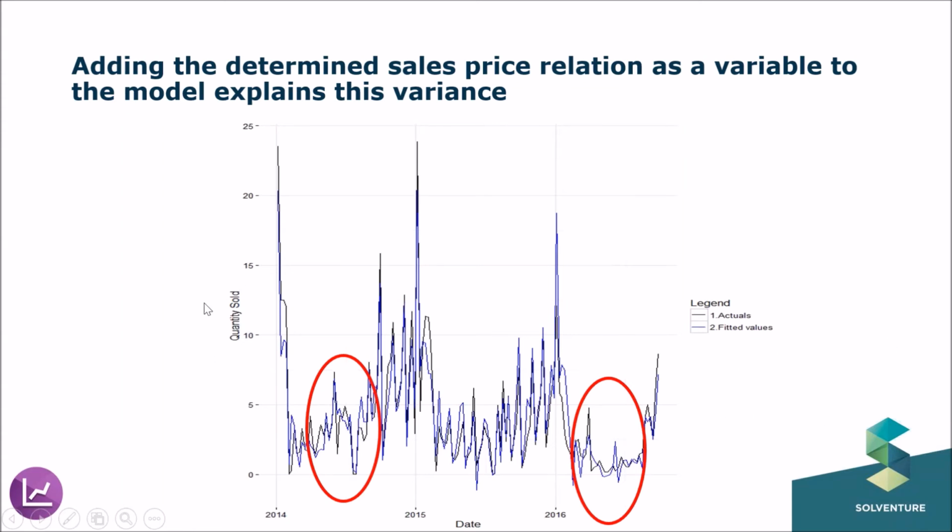What would be the impact on the quantity sold, as we show it here, and what would be the impact on my sales revenue in dollars or in euros? That's really the type of analysis which comes from this type of model. And again, what we've taken into account here is calendar seasonality and price information.